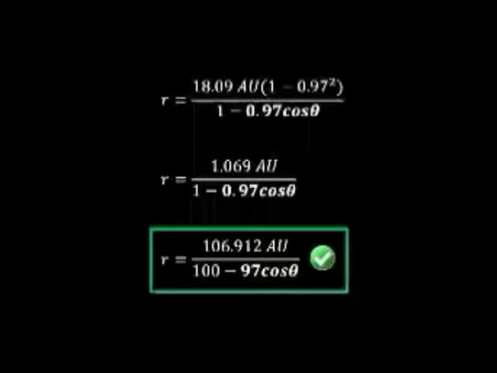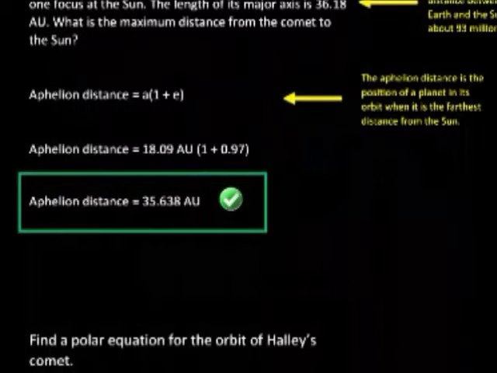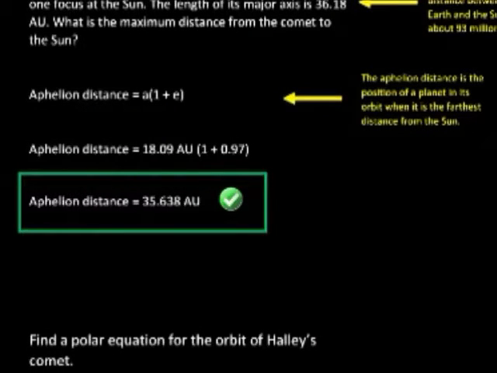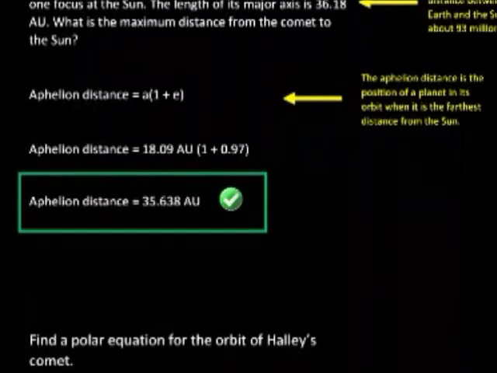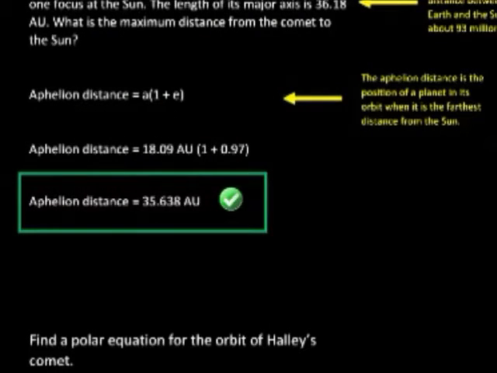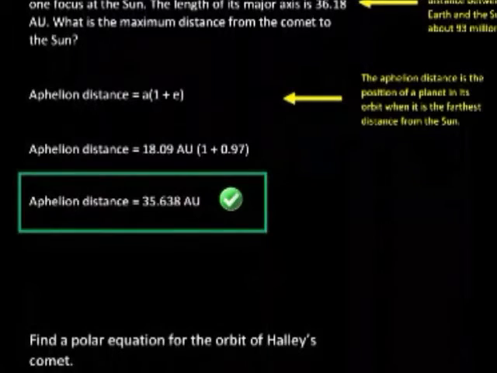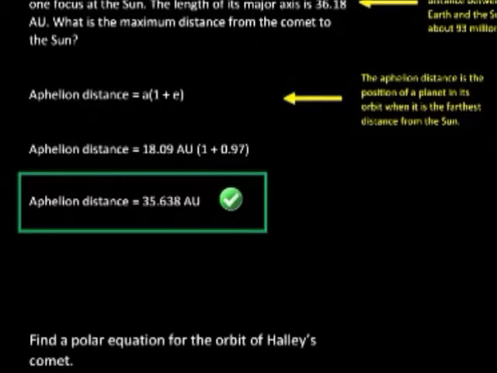The aphelion distance is the position of a planet in its orbit when it is the farthest distance from the Sun. So to find when the Earth is the farthest away from the Sun, we will use the equation to find aphelion distance, which is a times (1 plus e). We previously found out that a equals 18.09 AU, and it was given that the eccentricity, or e, is 0.97.